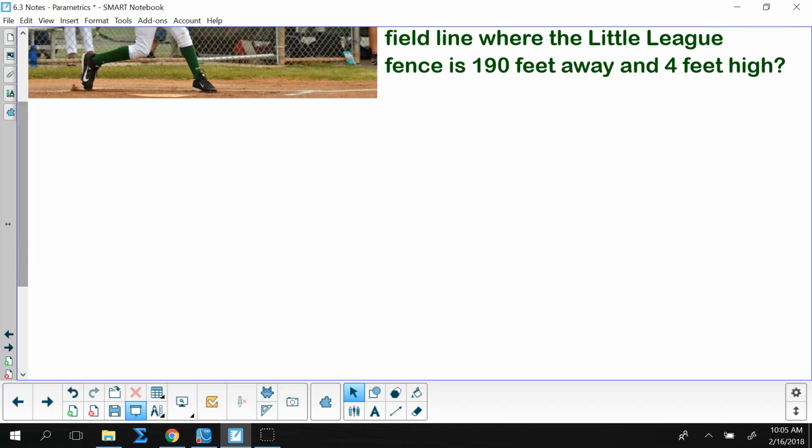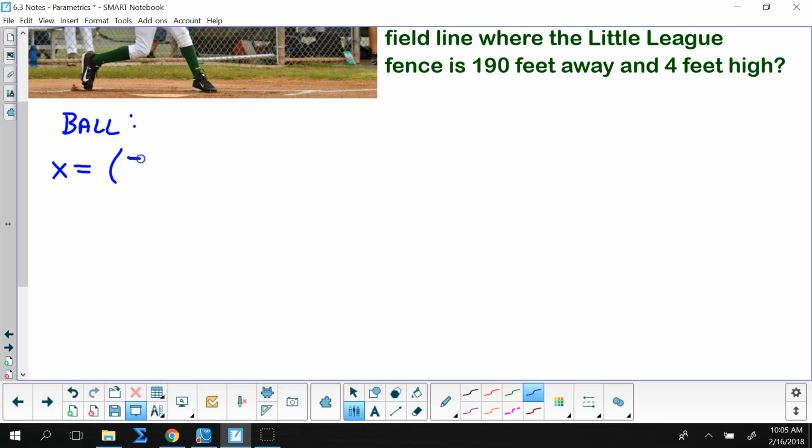We need two parametric equations for this one. The first one is the ball's parametric equation. So for that one, x is equal to 75 times the cosine of 28 degrees times t.